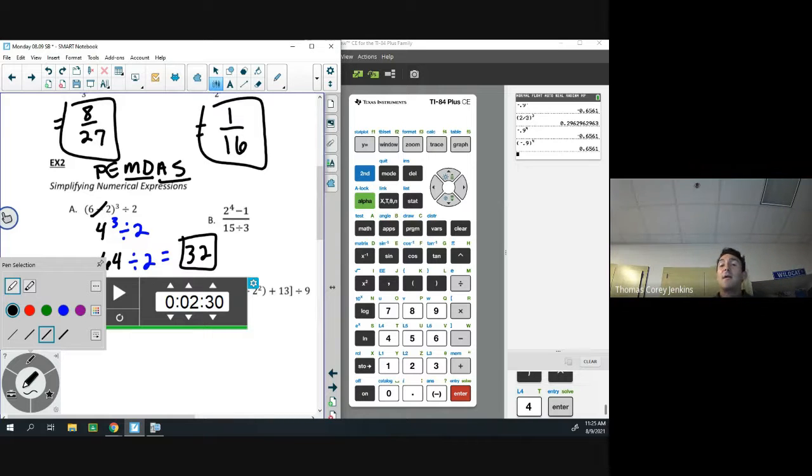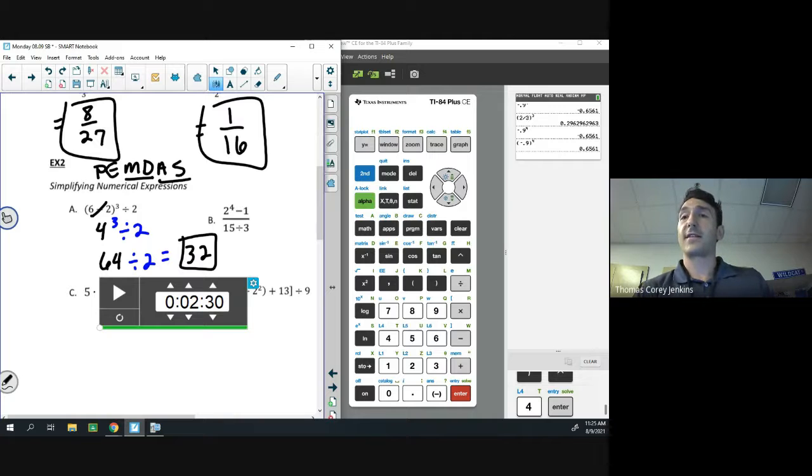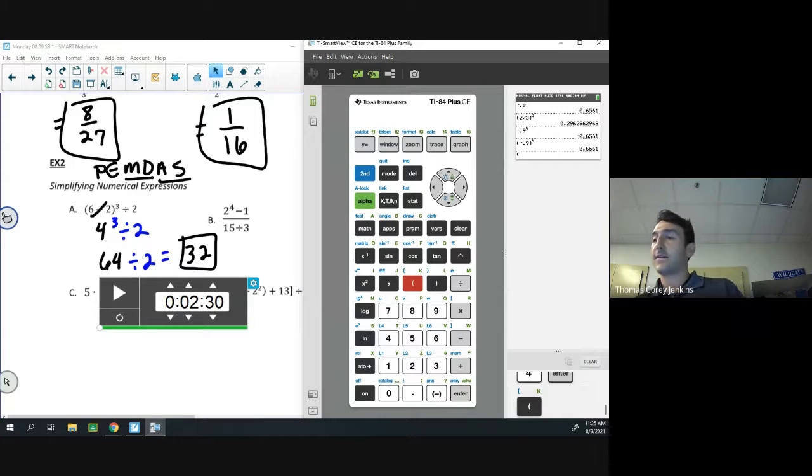All right, now let's do some calculator practice. I'm going to go pretty quick on this. So let's try to type it in all in one line, just how you see it. So I'm going to do parentheses, 6 minus 2, close parentheses, caret key 3, and then divided by 2.